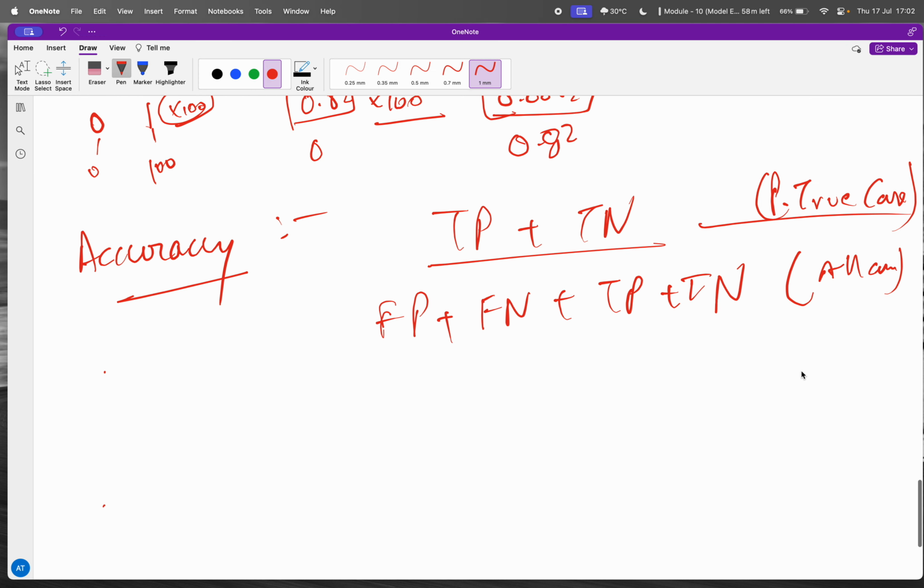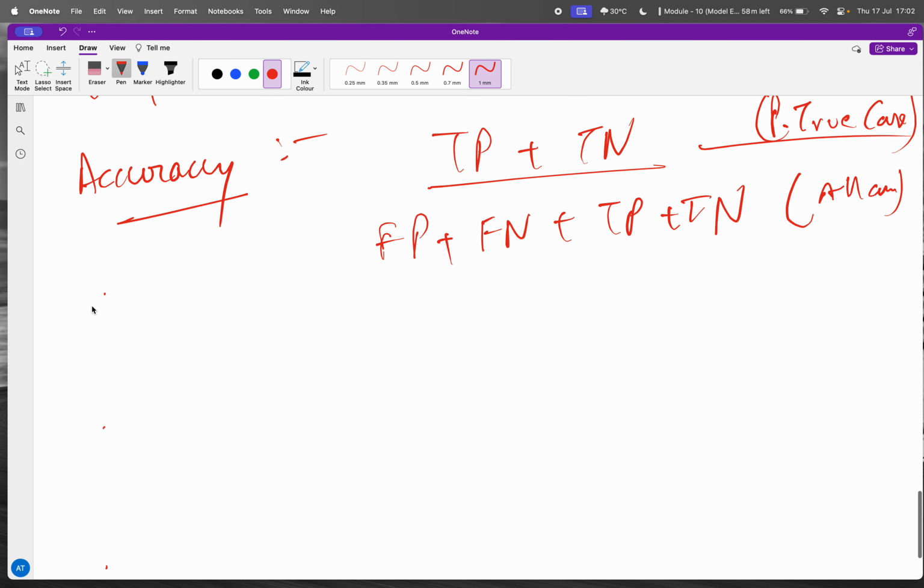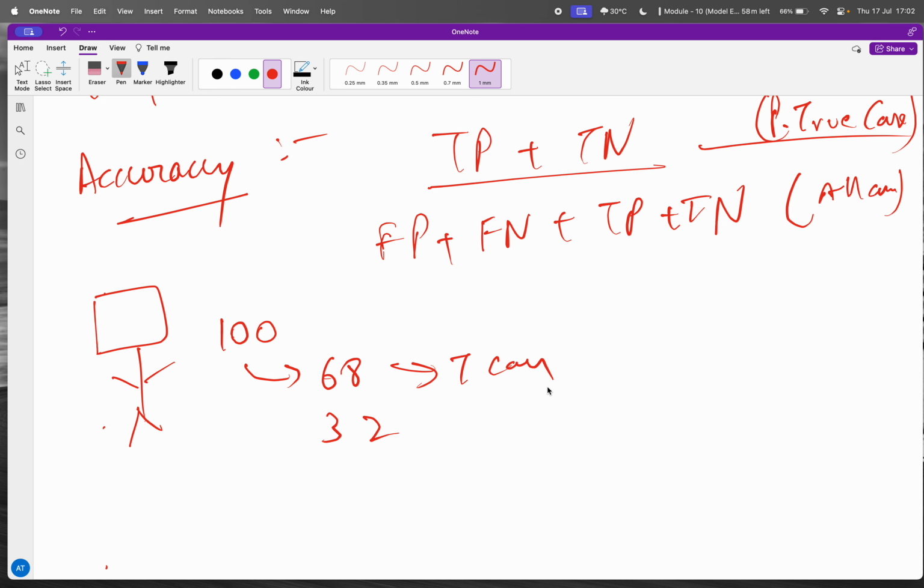For example, we'll take again the robot heart example. Out of 100, 68 were true cases, actual heart patient cases, and 32 were not heart patient cases.